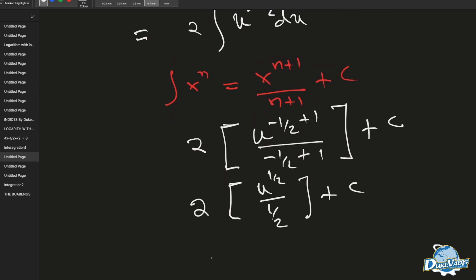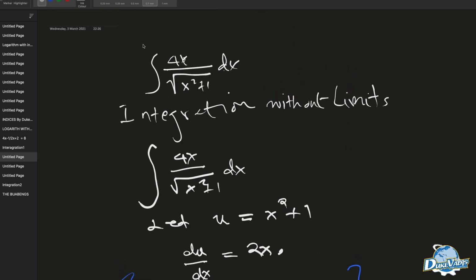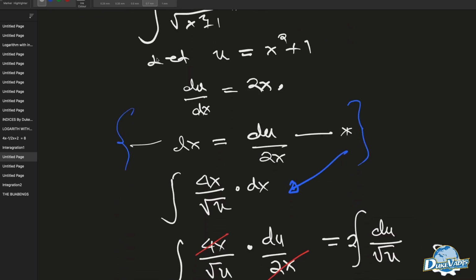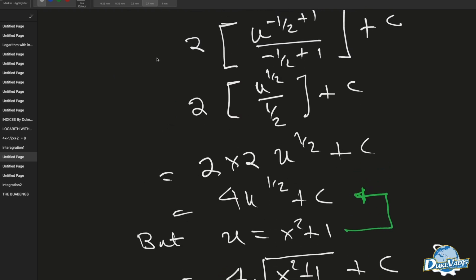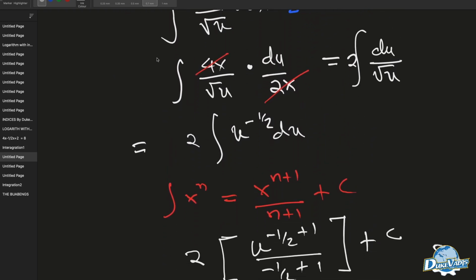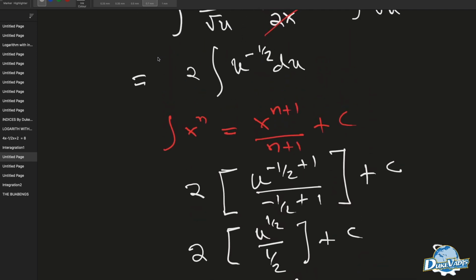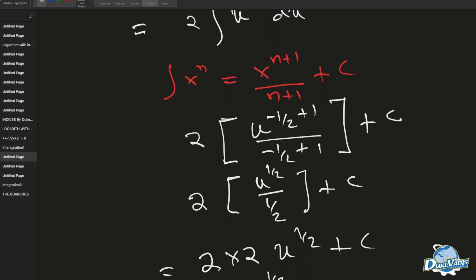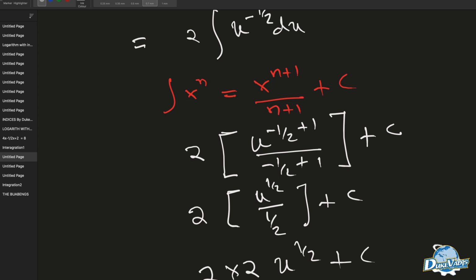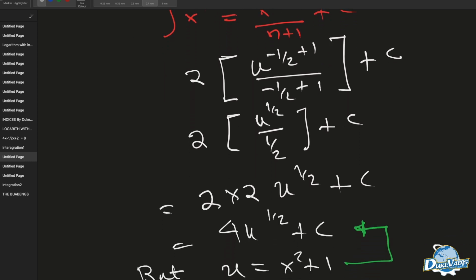This can be written as 2 times 2 u raised to the power half plus c, which can be written as 4 times u raised to the power half plus c.